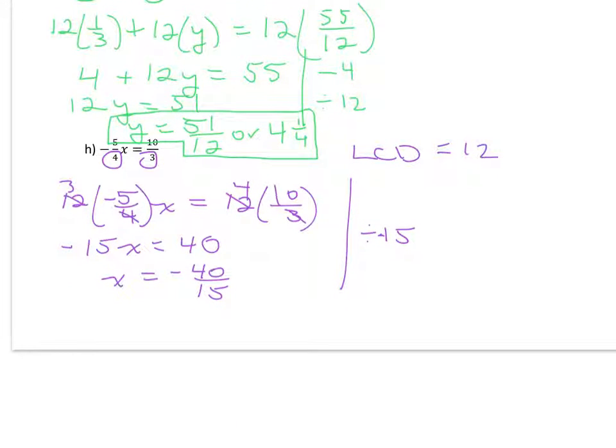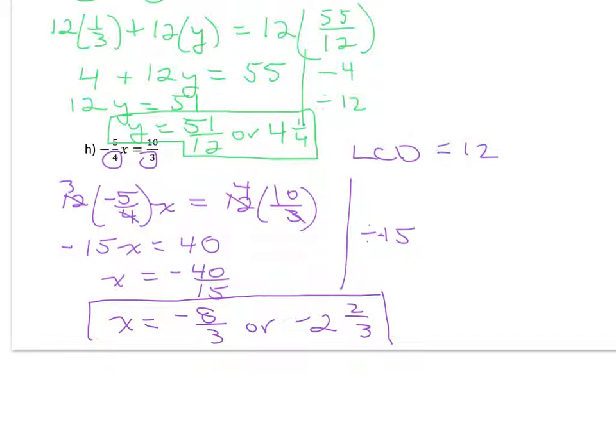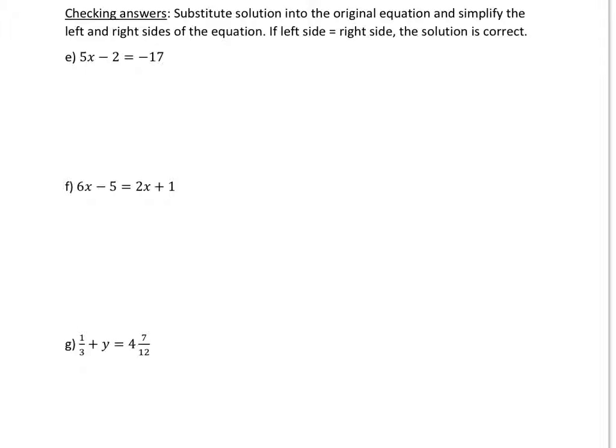So we have x equals -8/3, or -2 2/3. So multiply both sides of the equation by the least common denominator, and your fractions will disappear.